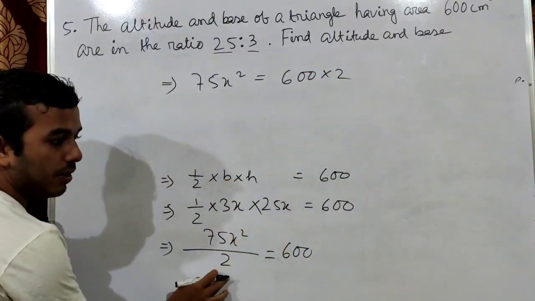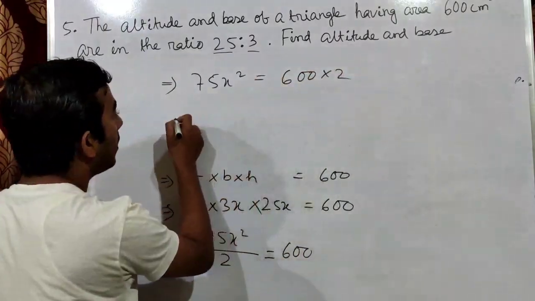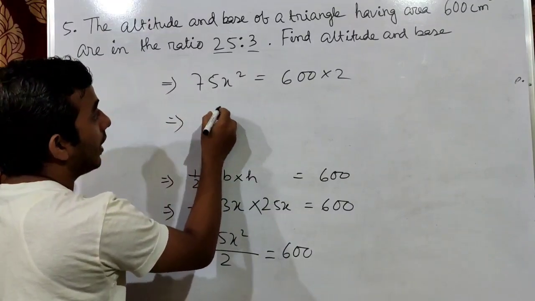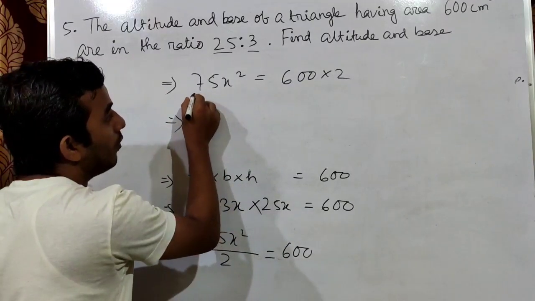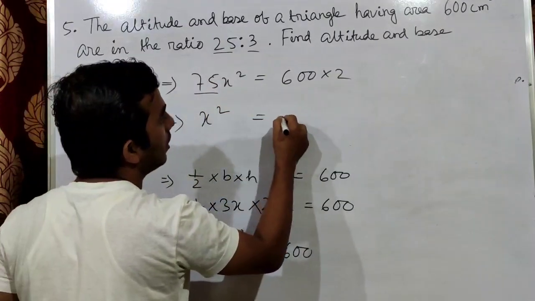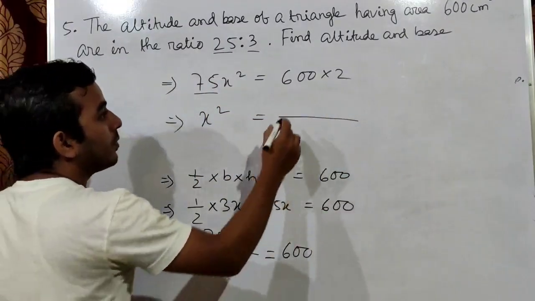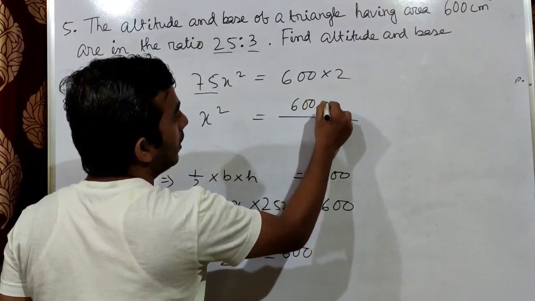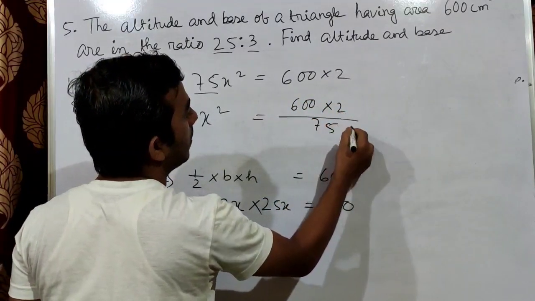Now 75 is multiplied with x square, so when we change the side, it will get divided. So x square equals 600 into 2 divided by 75.